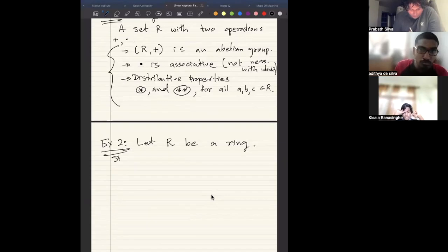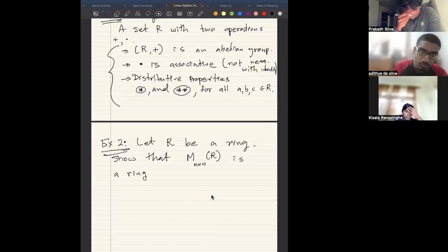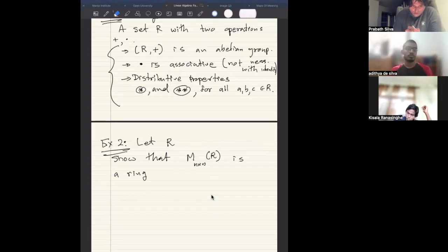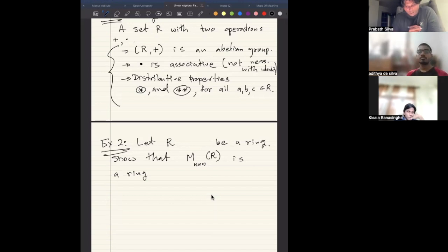Show that n by n matrices over R is a ring.